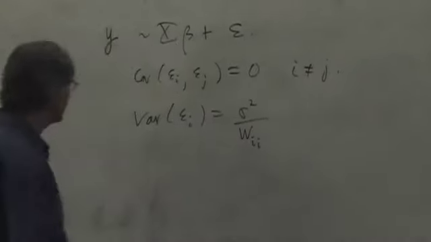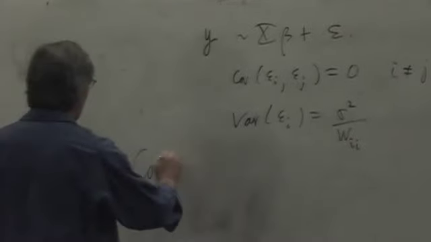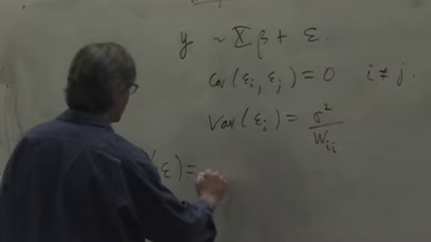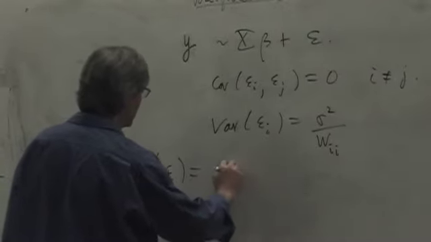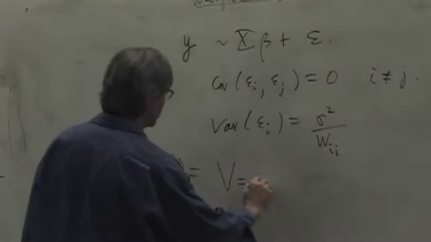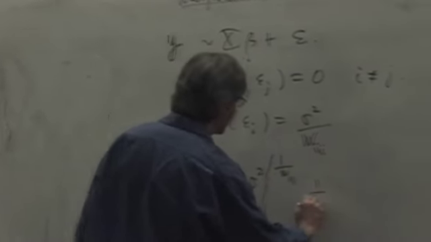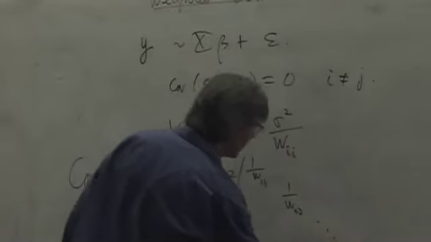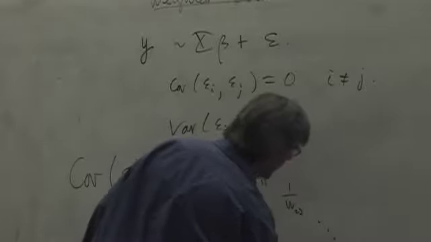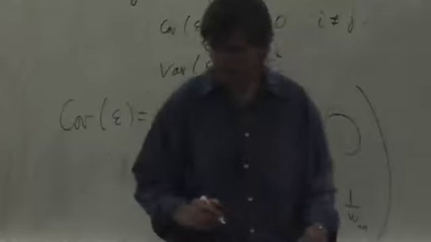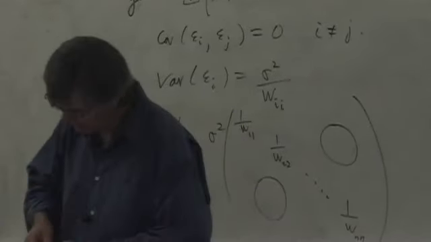So I'm going to take the variance covariance matrix of the epsilon to be of the form V equals sigma squared times 1 over W11, 1 over W22, and so on down to 1 over WNN, and 0 off diagonal. So it's a diagonal variance covariance matrix, but with unequal entries along the diagonal.